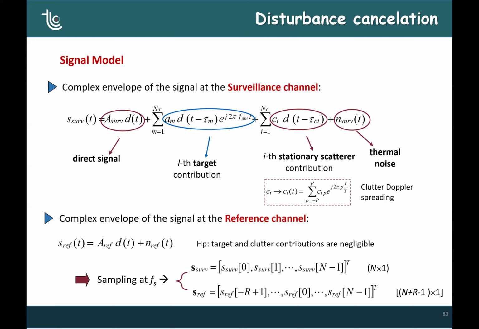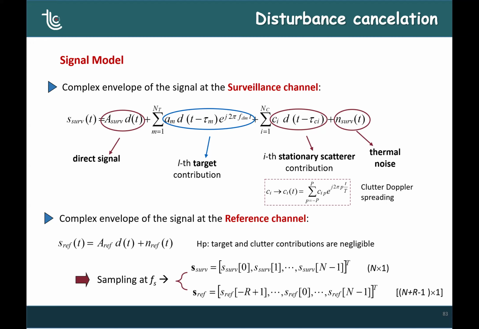This is related to the radar cross-section of the target and the distance of the target and the usual parameters that also characterize the amplitude in the monostatic case. And then we have the Doppler shift, of course. This is a bistatic Doppler shift. So each target can have a different Doppler shift, a different delay, and a different amplitude, okay?